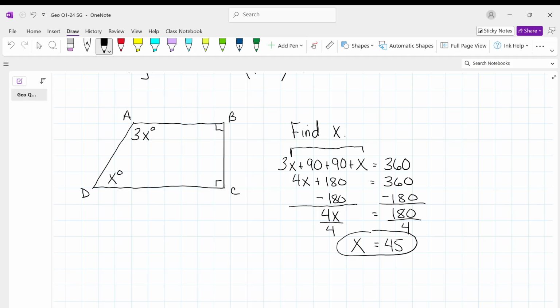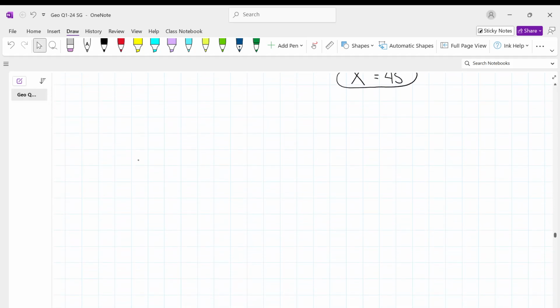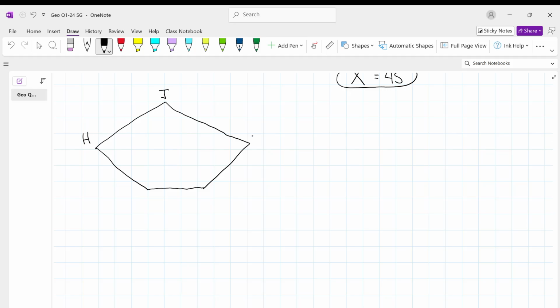It's a 5-sided shape. We got, let's see, H, J, K, L and M.